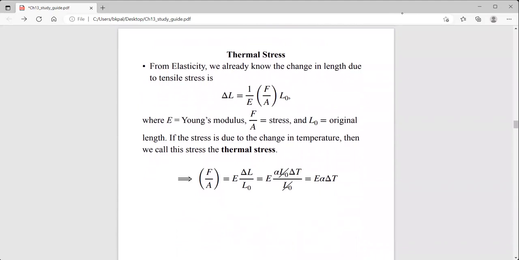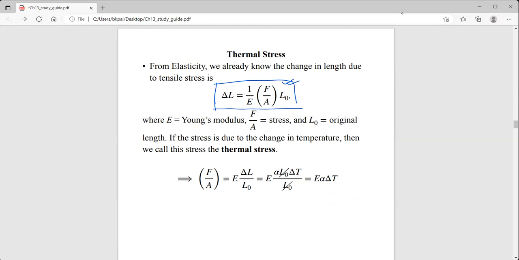Now the last thing for this lecture is the thermal stress. Earlier in physics 1 we learned about the Young's modulus or elastic modulus. You probably remember that we had this equation for the tensile stress. I'm not going to discuss the tensile stress here, but I need this equation to talk about the thermal stress.